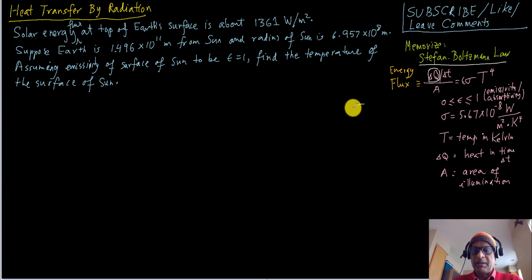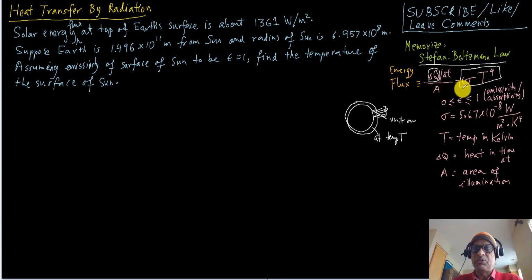So I have some object, so this is its surface. That surface is at some temperature T. Then if I take a unit area, then the amount of radiation, that's the total amount coming out, would be given by this right side thing.